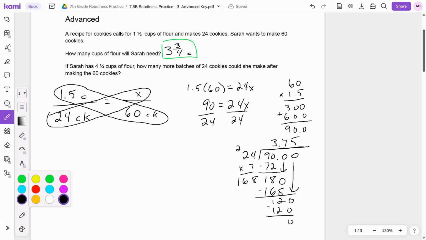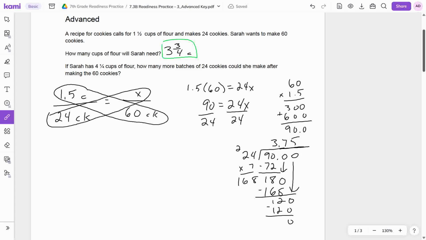If Sarah has 4 1/4 cups of flour, how many more batches of 24 cookies could she make after making the 60? Okay, so she has 4 1/4 cups of flour. All right, so let's go back to what we have right here.